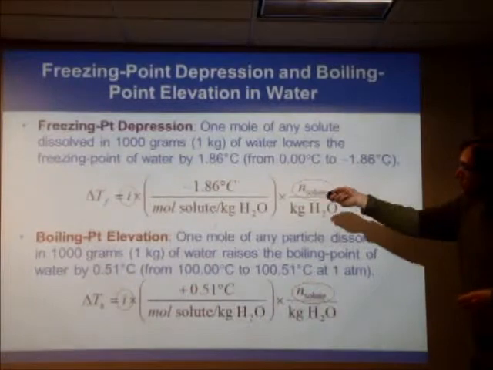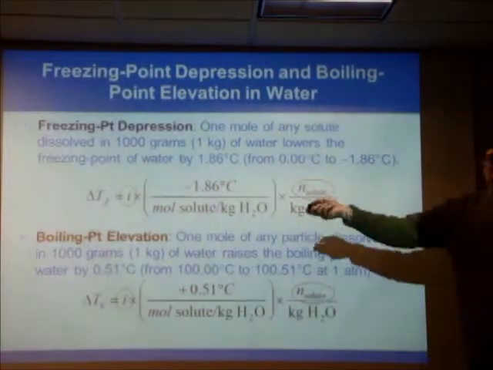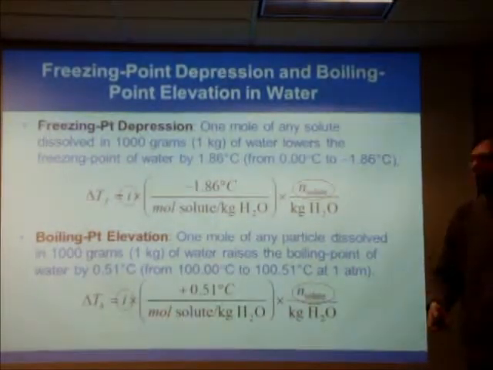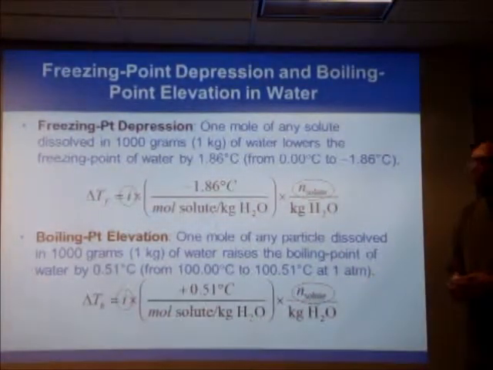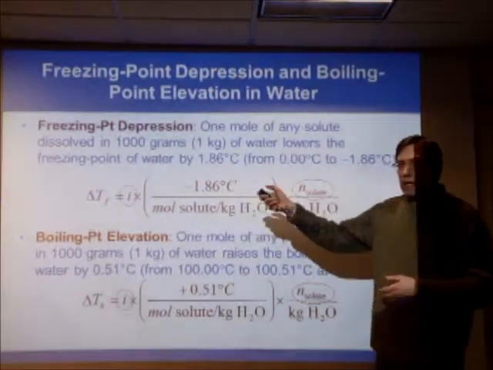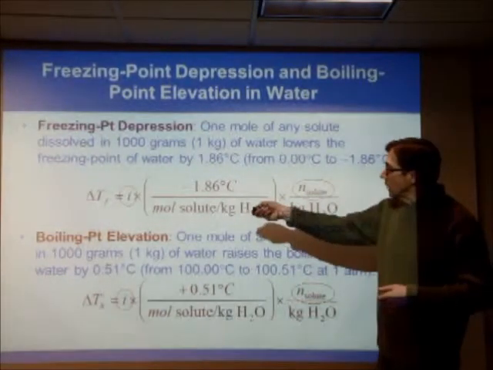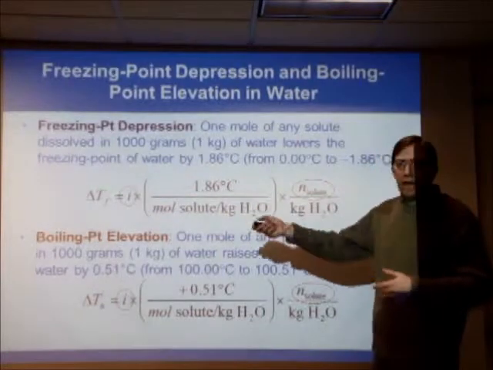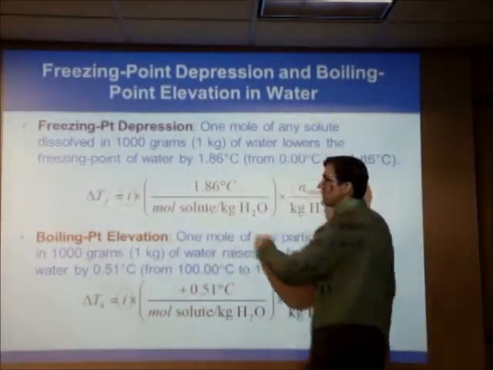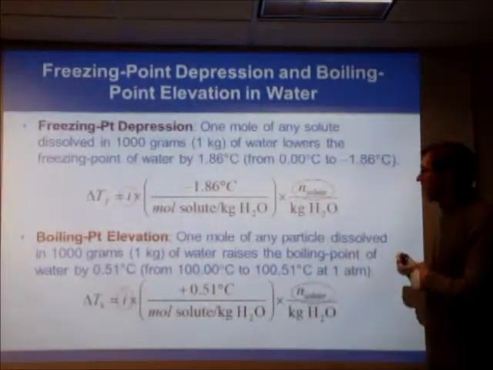The equation for describing it is right here. It's not an equation you have to memorize. I will not have you memorize these two equations. However, what I want you to recognize with them is that the change in the freezing point, looking at freezing point depression first, is equal to i, the number of particles, times a constant. Notice the negative sign means that the freezing point is dropping.